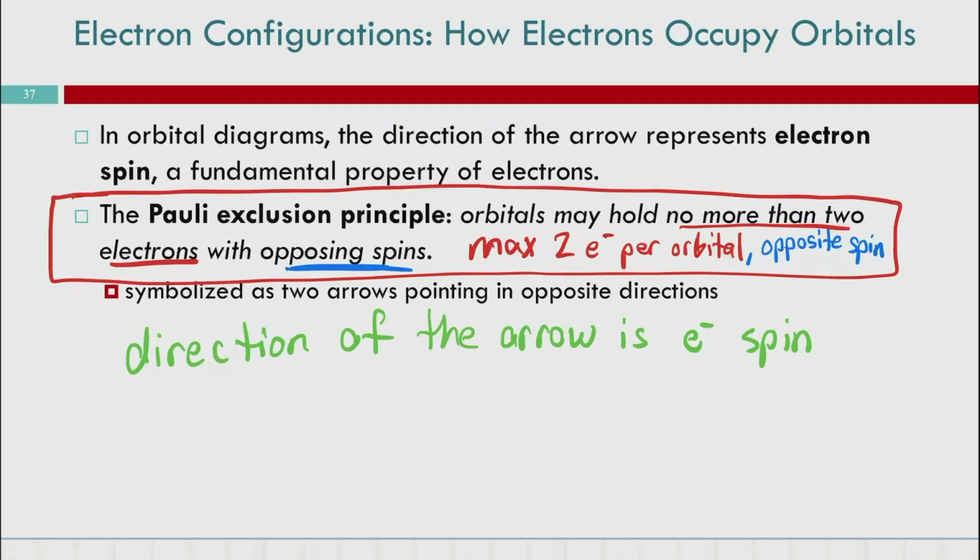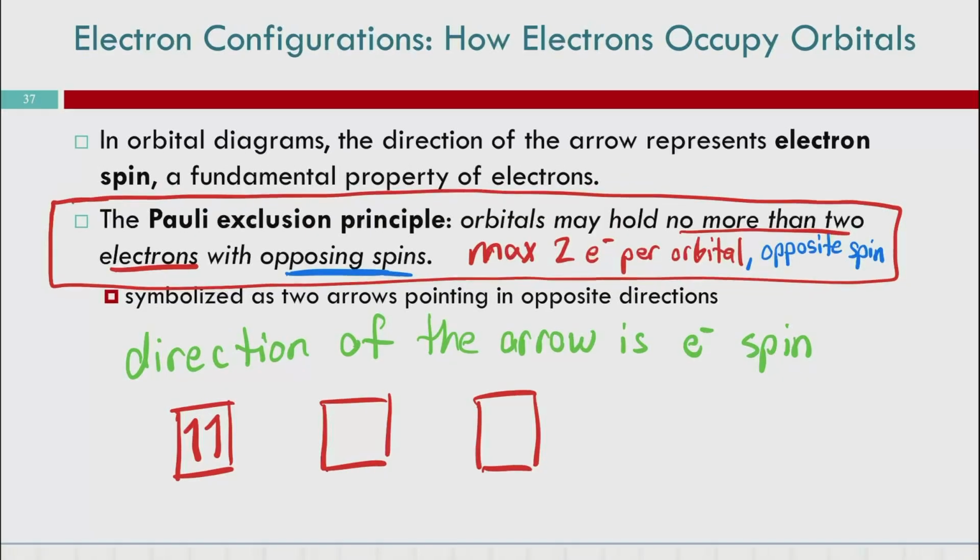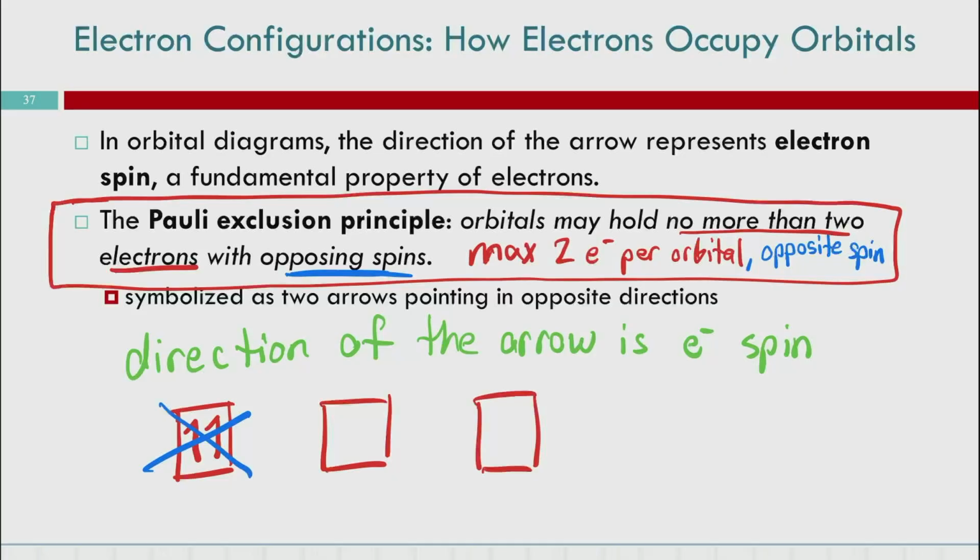So some possible options that we might see. We've got 3 orbital boxes shown here. I will usually show them as arrows. So one up, another up. Not allowed. That's illegal.